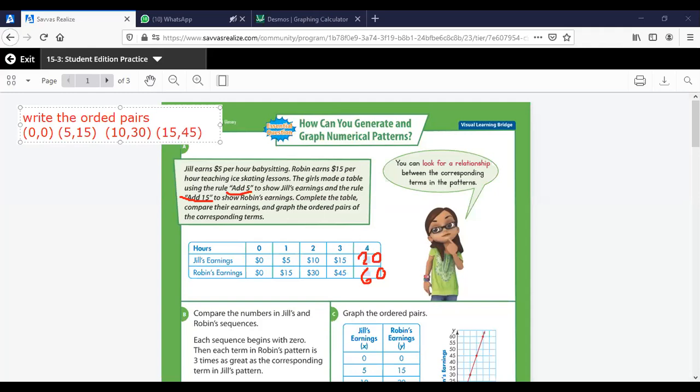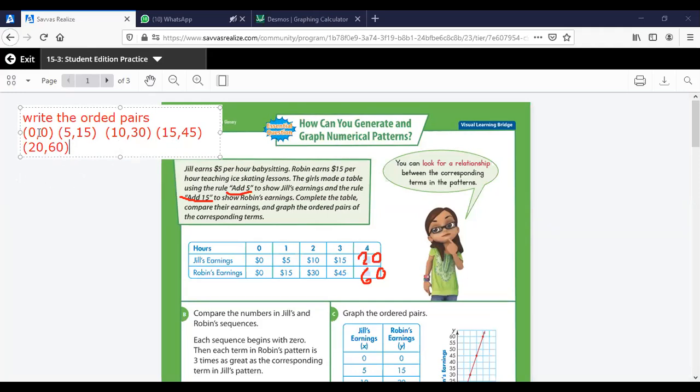And after that, we have 20 with 60. These are called the ordered pairs. Is there any problem with that? No. Great.